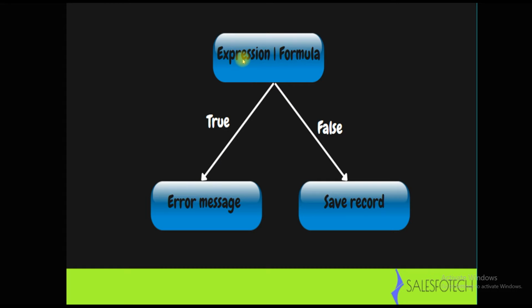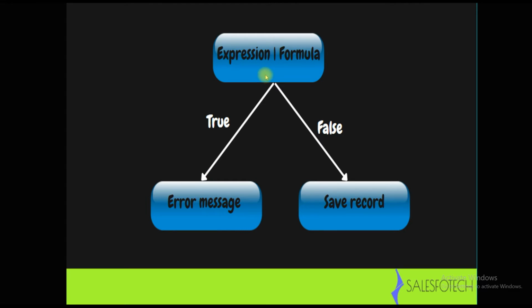For example, if I am providing a condition like the amount of an opportunity record is less than 100. In that case, if I enter the value 50, it means less than 100. That condition, expression or formula is correct, so true will be the result and the error message will be triggered.